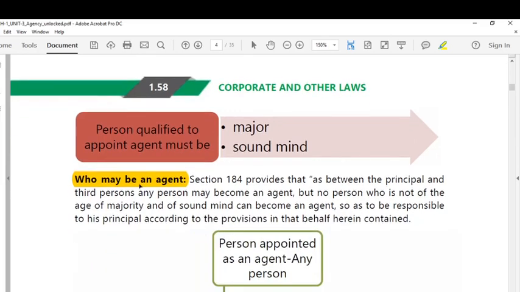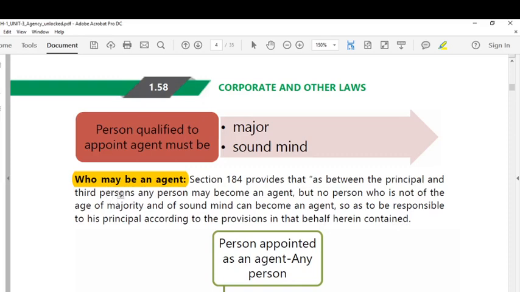So the next aspect is who may be an agent, who can be appointed as an agent. Section 184 provides that as between the principal and third persons, any person may become an agent, but no person who is not of the age of majority or of sound mind can become an agent so as to be responsible to his principal according to the provisions herein contained.